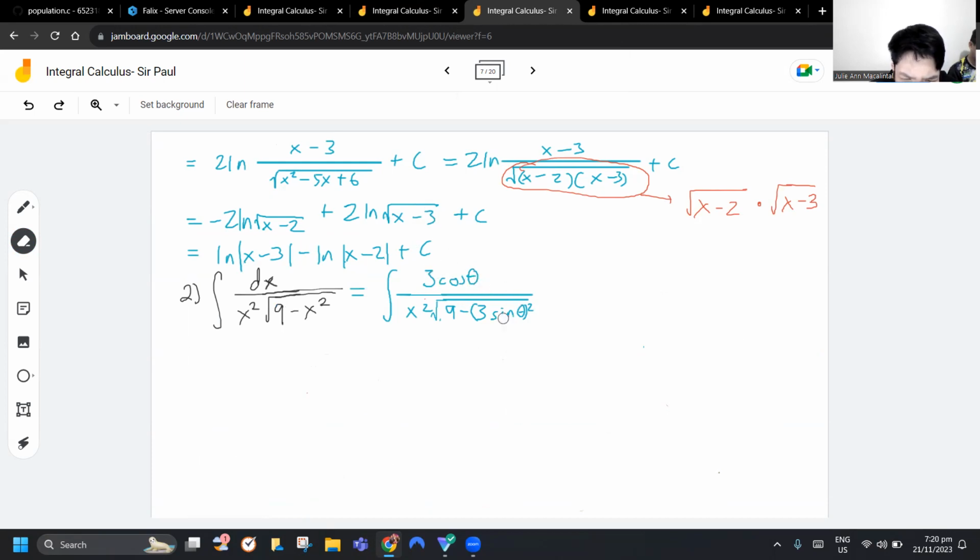And then the top is of course the derivative of 3 sine theta, so that's 3 cosine theta. So we just expanded the 9. We can factor the 9 out because it's again irrelevant. We can just remove it out of the integral later.